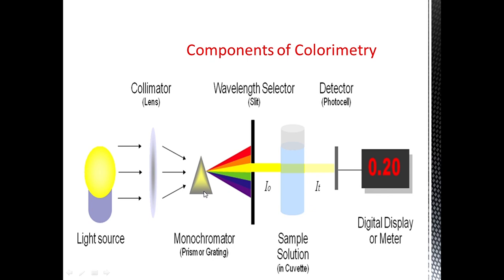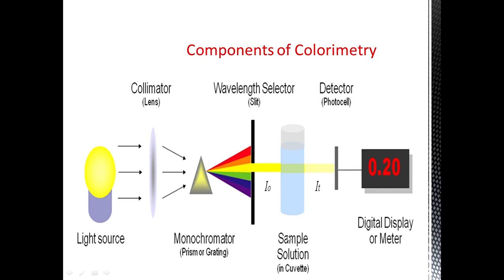If you want a green filter, then it is chosen here. Yellow filter, the yellow filter is chosen here. So according to the wavelength that you want, the selection is here, and then there will be an exit slit through which this particular light is passed through the sample solution.